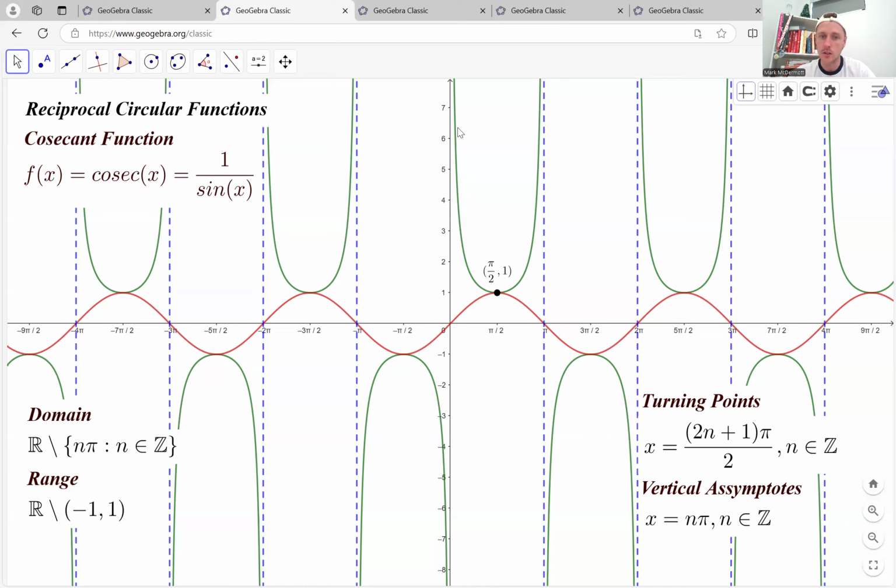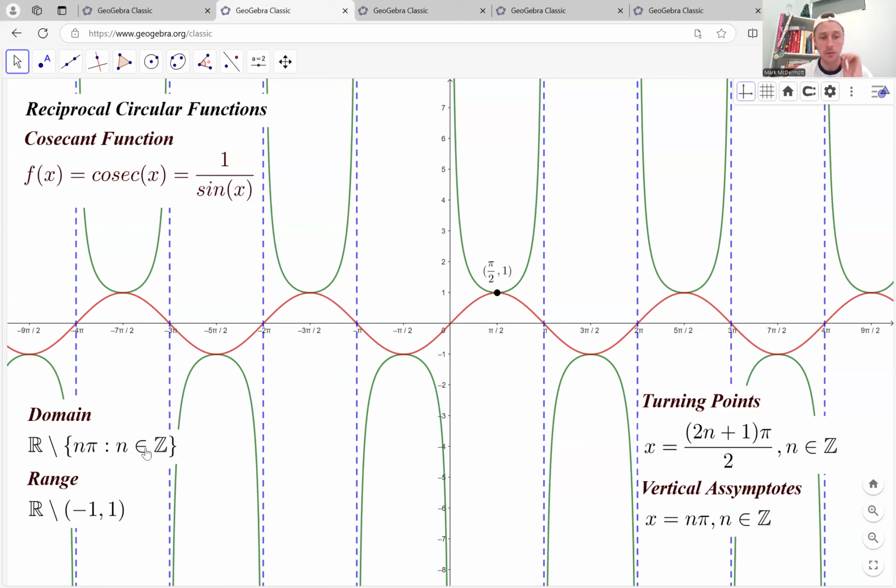So you'll recognize, hopefully, that you're going to get a point of intersection at pi on 2, because the reciprocal of 1 is just itself. I just realized as well that I haven't drawn the asymptote on the y-axis, but I think you would agree that there would be a vertical asymptote at x equals 0 as well, because sine goes to 0 at x equals 0.